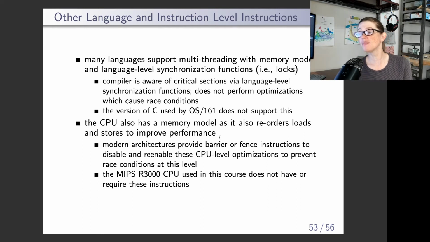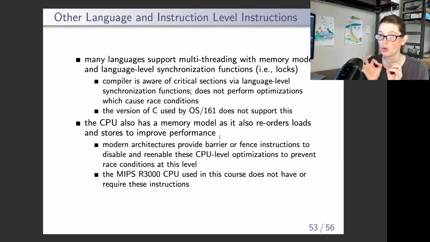All right. Now, the CPU, as I said, also has the ability to reorder instructions, and it does so in order to improve memory reads and writes and other things. So it also has a memory model to indicate how loads and stores are going to behave through shared regions of code. But then you have to ask, how do I prevent the CPU from reordering instructions in a shared block? Because it is possible that it could take a load and shove it outside your perfectly mutex piece of code.